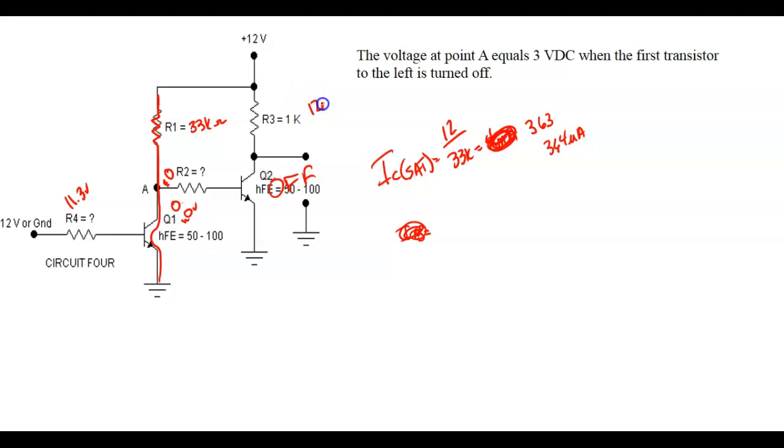Remember, we're controlling 12 milliamps over here. So that means R4 is going to have to be approximately 11.3 divided by 364 micro.